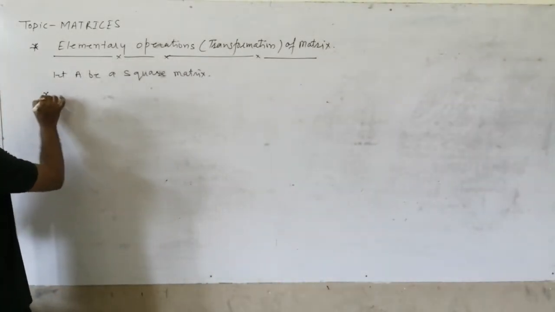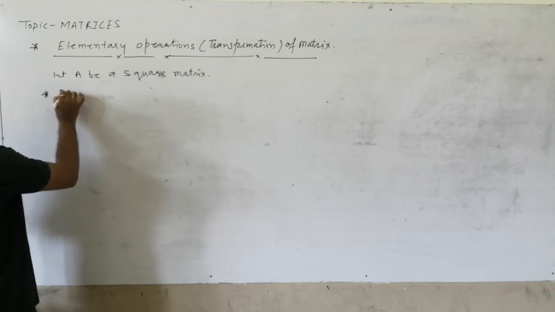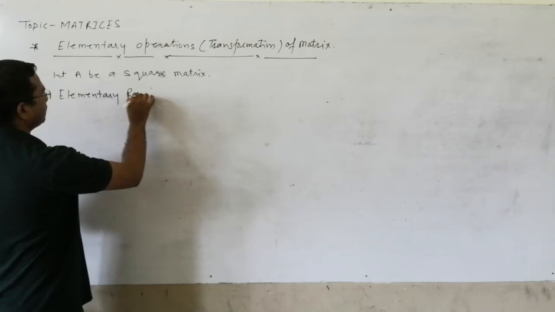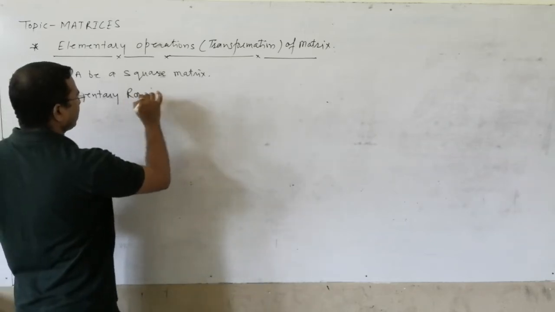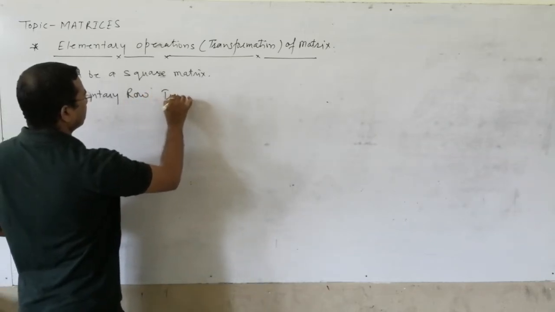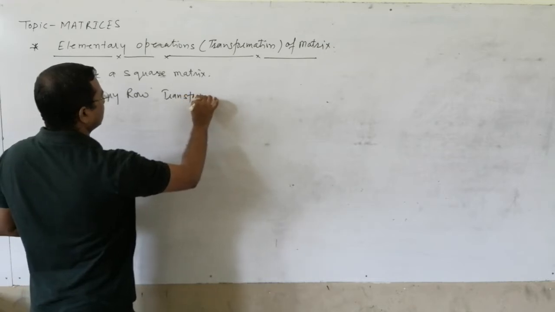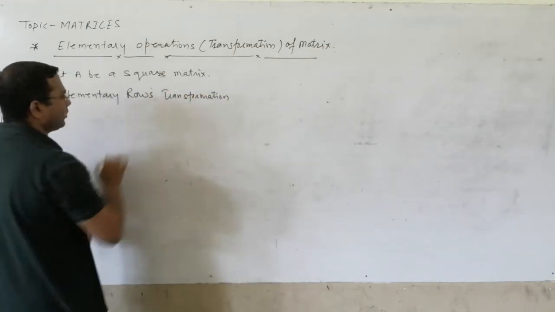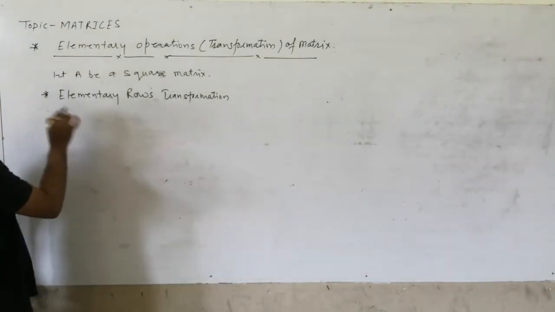First of all, I am telling you about the elementary rows transformation. Elementary rows transformation is what? In this, there are 3 rules.